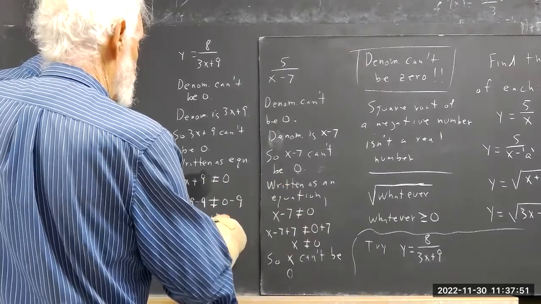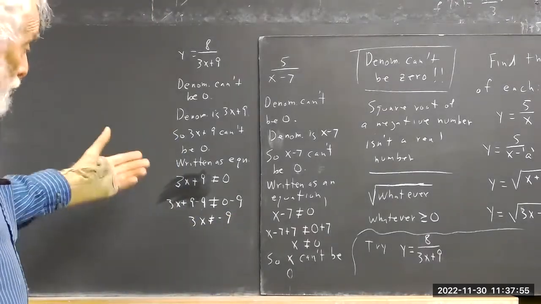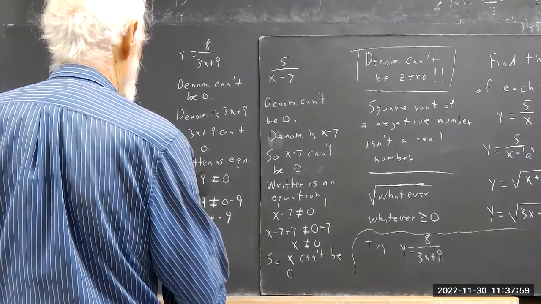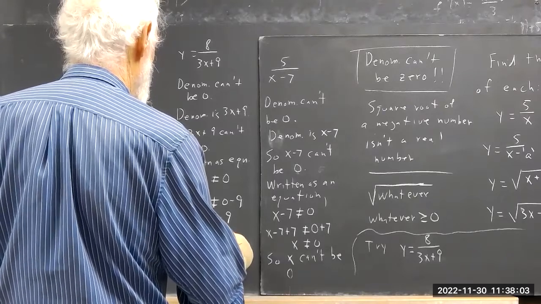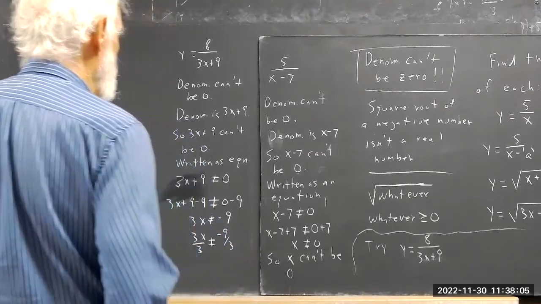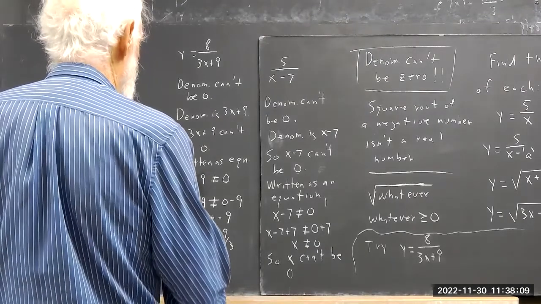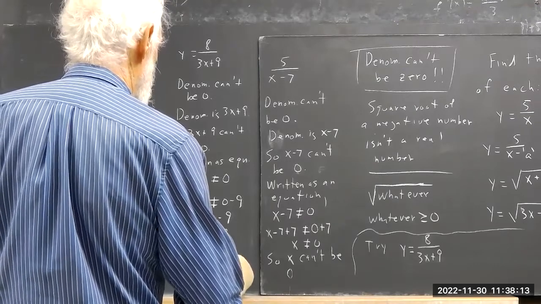And 0 minus 9 is negative 9. Just like solving a linear equation. 3x over 3 is not equal to negative 9 over 3. And 3x over 3 is just x. So that's not equal to negative 3.